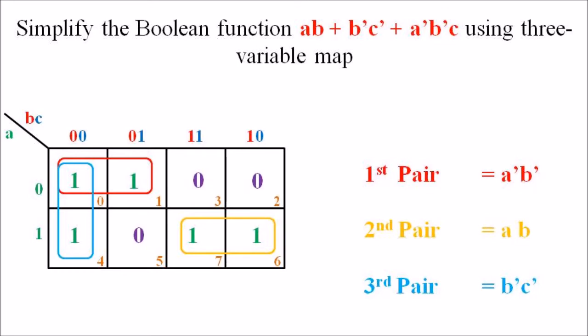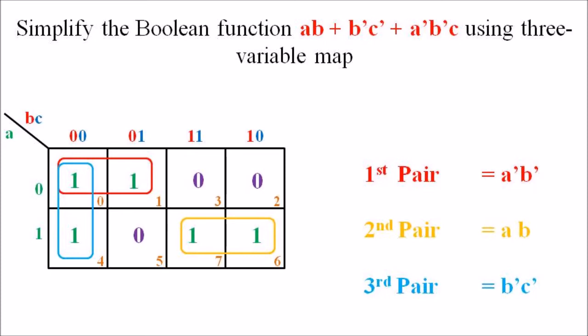The second pair, which is represented in yellow, contains the cells 6 and 7, which lie in row number 2. In row number 2, the value of A is 1, which is unchanged, and the values of B and C are 1, 1 and 1, 0.